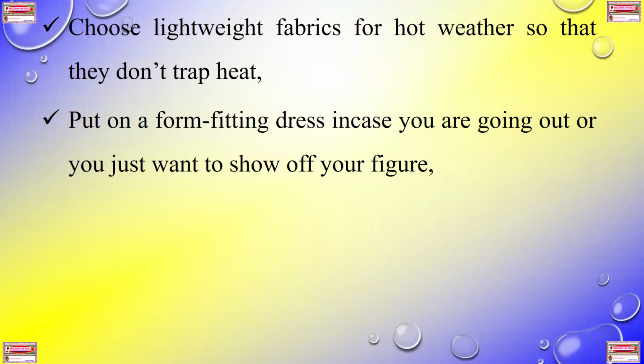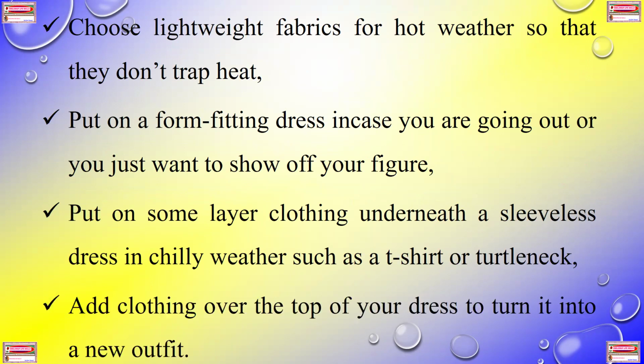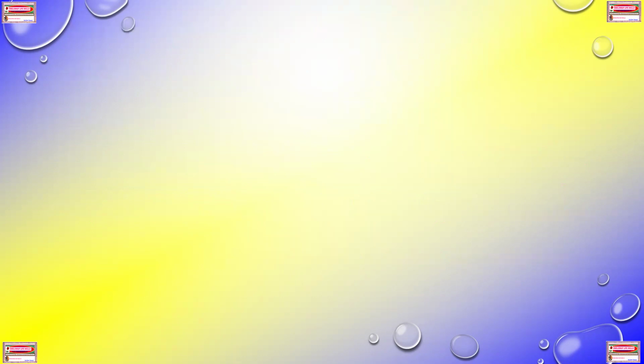Put on a form-fitting dress in case you are going out or you just want to show your figure. Put on some layer clothing underneath a sleeveless dress in chilly weather, such as a t-shirt or a turtleneck. Add clothing over the top of your dress to turn it into a new outfit.